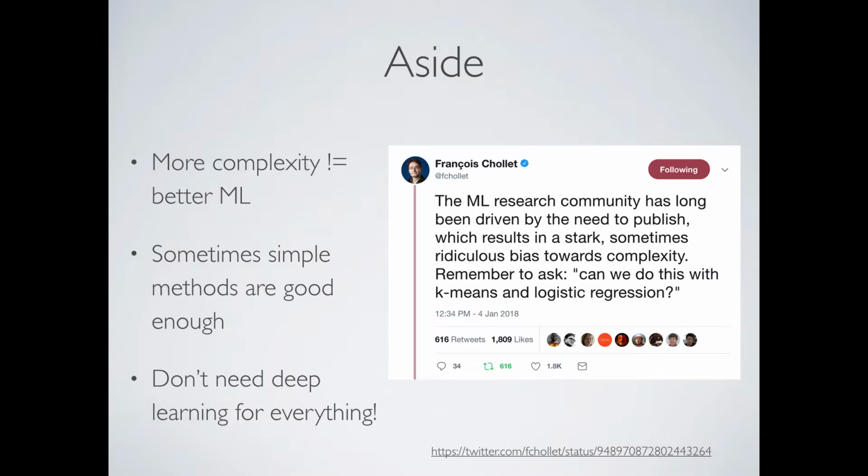But I thought this tweet was great from him because it's basically saying you don't need deep learning for everything. For 95% of your problems, most of the time a regression model is going to work just fine. It's going to be much better than humans just making guesses at whatever they think the data says.